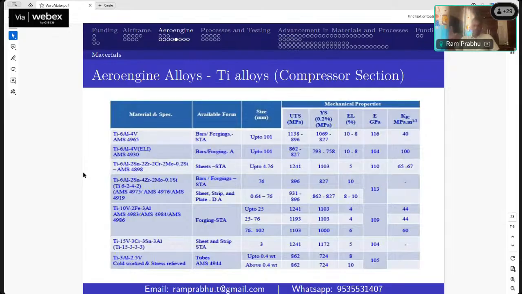And when you go to Russian aircraft, Russian aero engines, the logic of titanium alloy design remains the same, but the grade names may differ and the composition is slightly tweaked, which you don't find in Western aero engines.